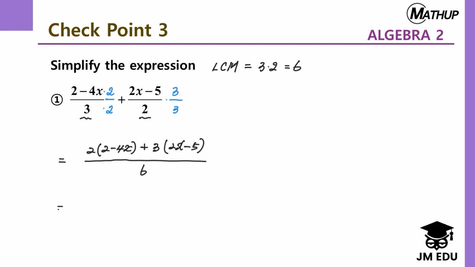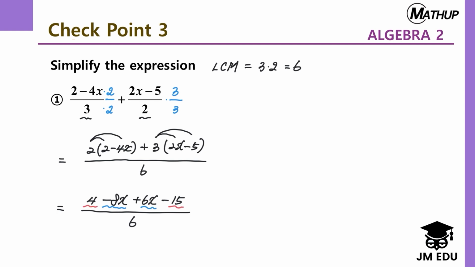So let's simplify the numerator. 2 times 2, 4. 2 times minus 4x, that's minus 8x. 3 times 2x, plus 6x. 3 times minus 5, that's minus 15 over 6. So we have 2 x terms, 2 constants.